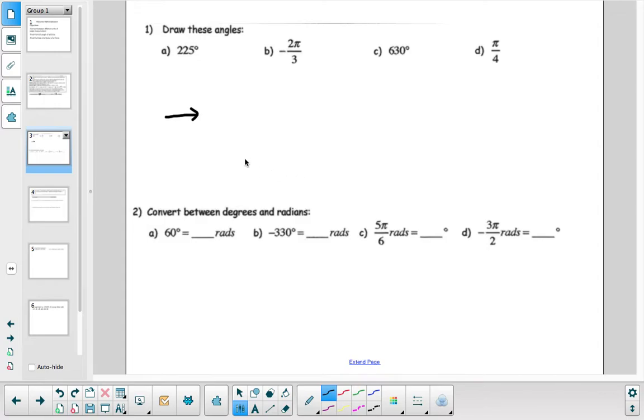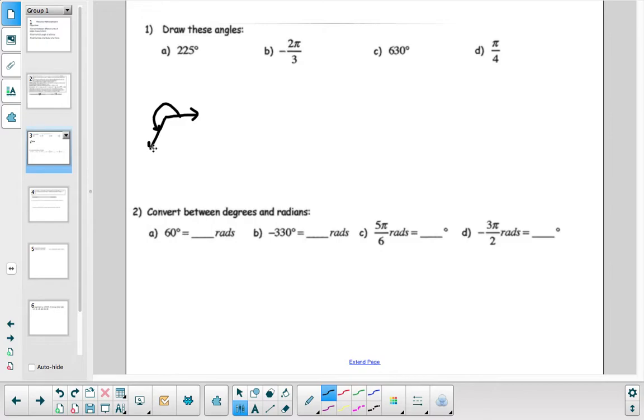The next thing, you want to have another ray over here somewhere coming out of the same point, but we don't know where that spot is until we measure out 225 degrees. So 225 would be 180 plus 45, so 180 degrees, and then halfway between 180 and the next 90.